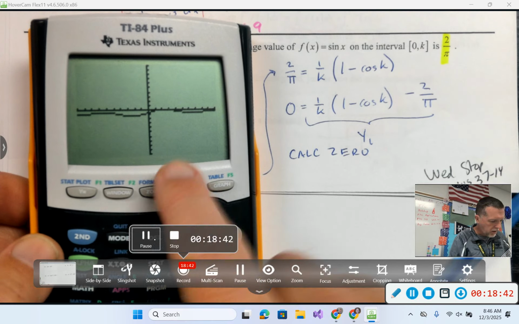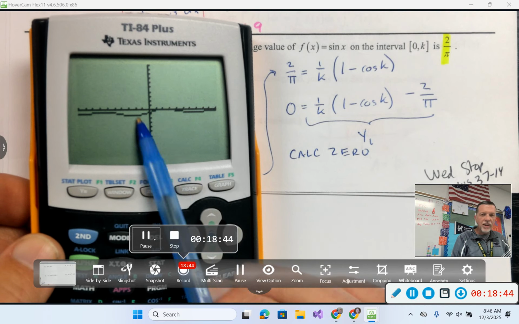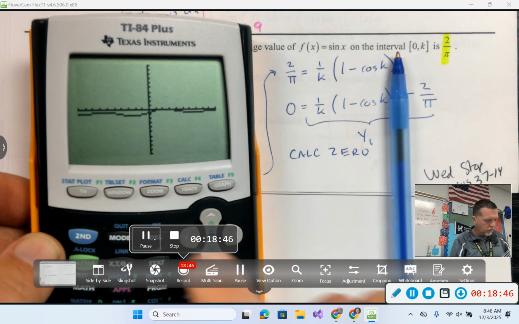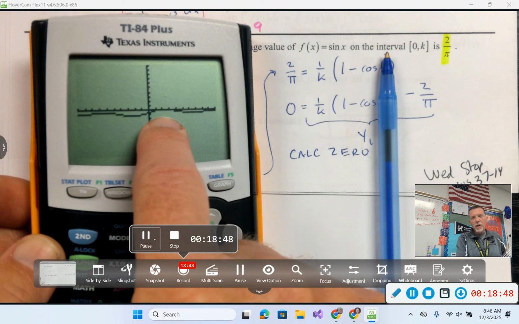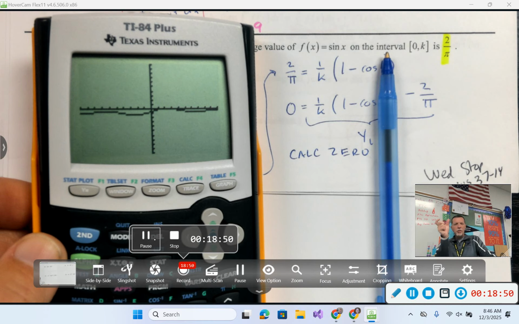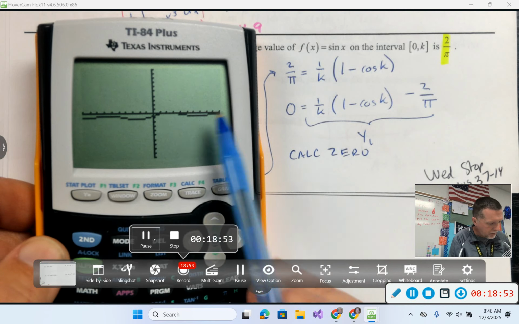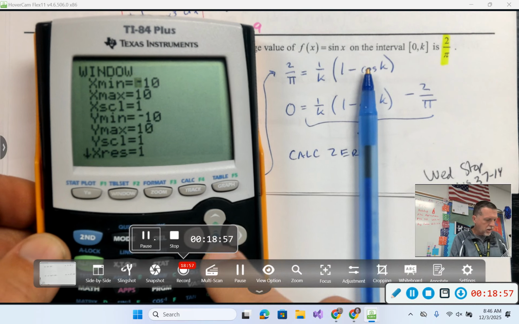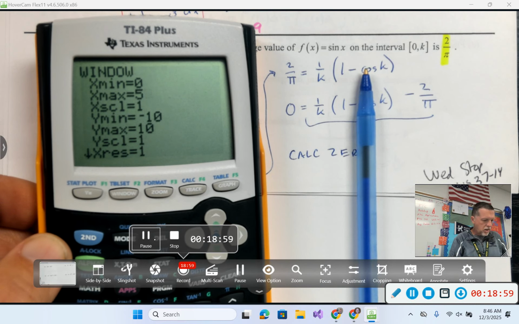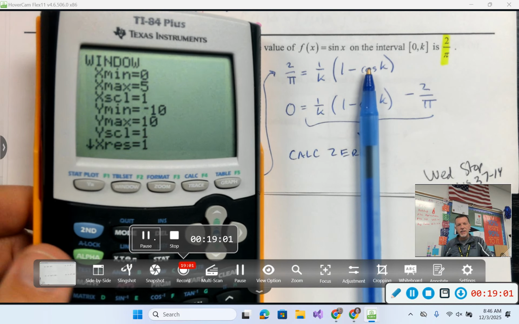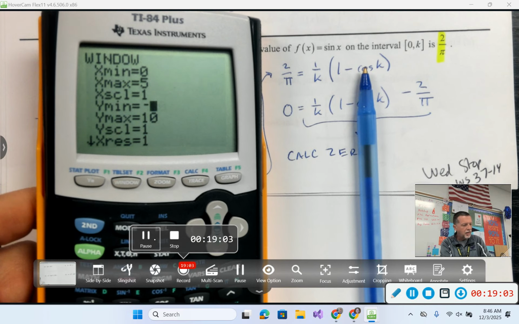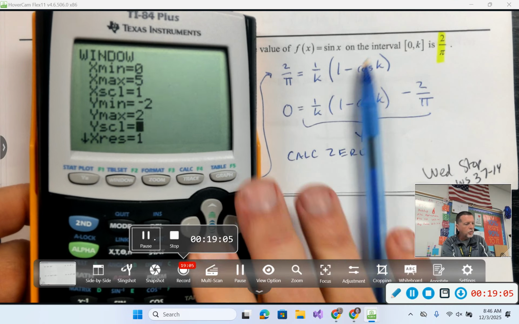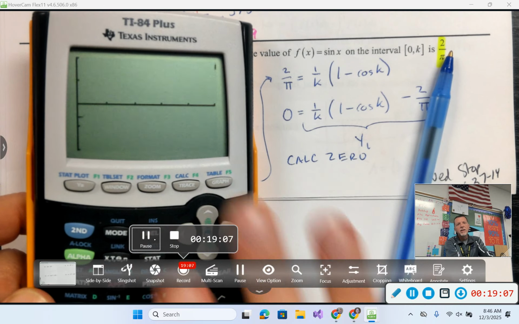Okay, something in there. So I want to look closer at that. I'm going to change my x window to be 0 to, I don't know, 5 maybe. And my y window definitely does not need to go to negative 10 and 10. I'm going to go negative 2 to 2, just trying to see this thing better.